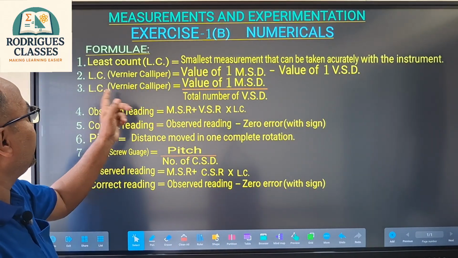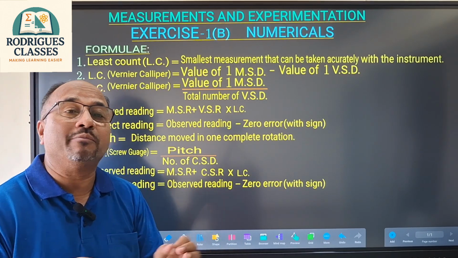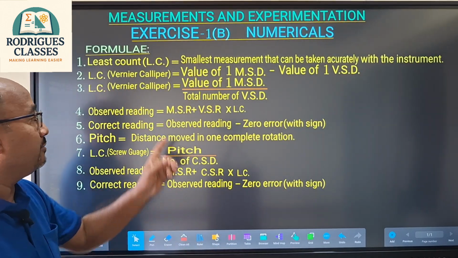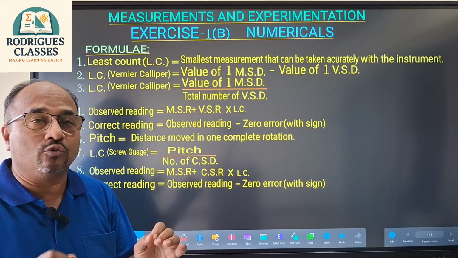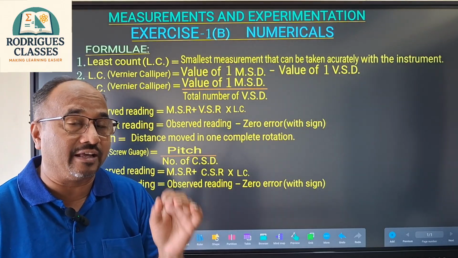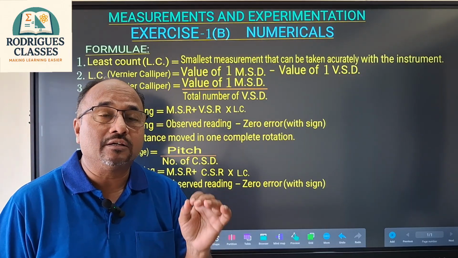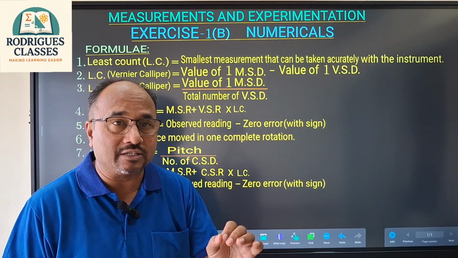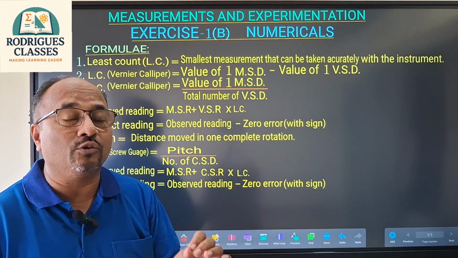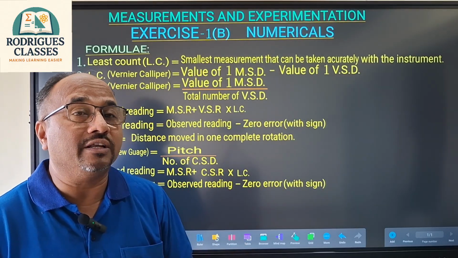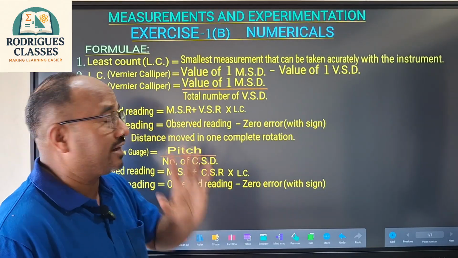Once we have the least count, if we are measuring the length of anything, the observed reading will be the main scale reading plus the vernier scale reading. Main scale reading is always the value which has been crossed by the 0 of the vernier scale. In the main scale, a value will be crossed by the 0 of the vernier scale. That is your main scale reading.